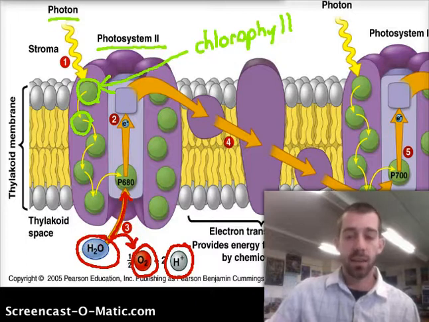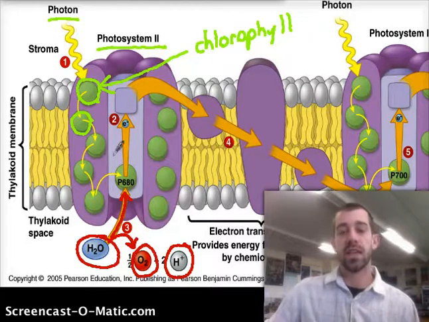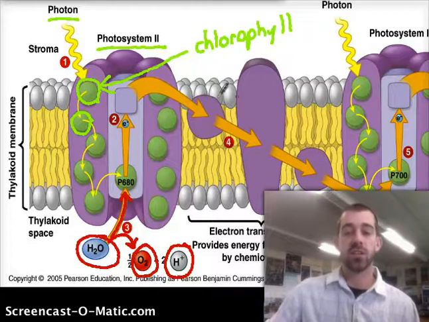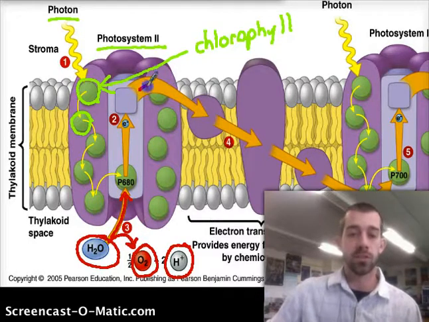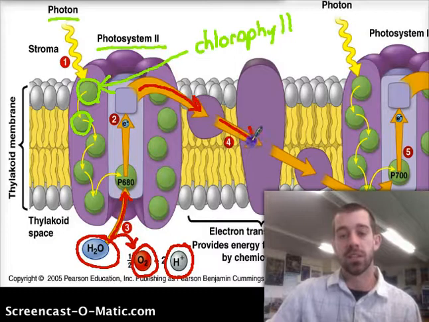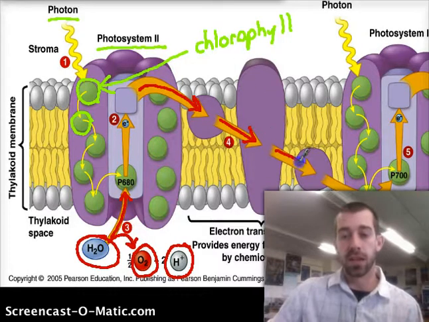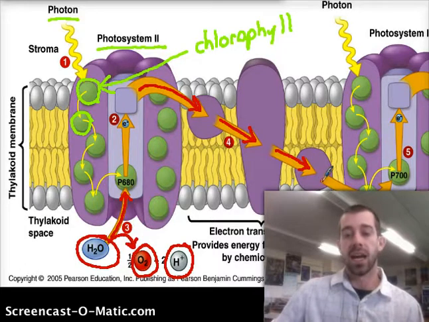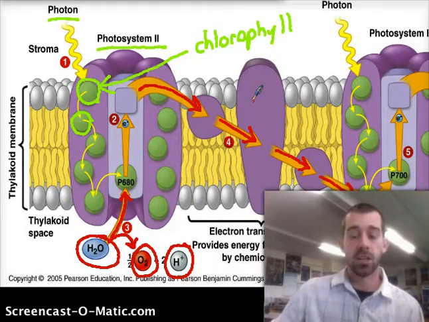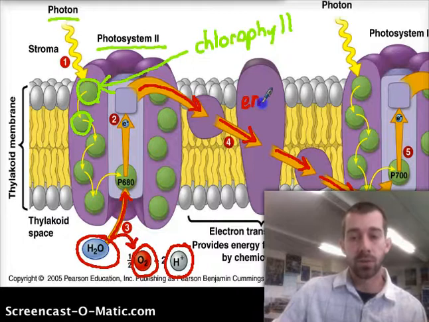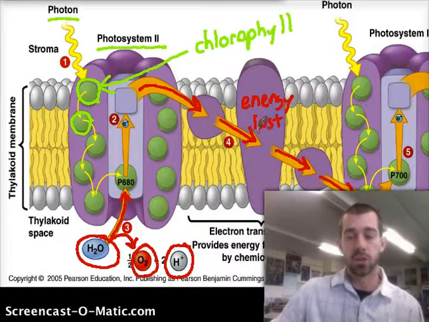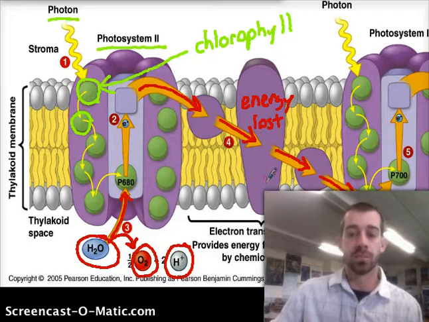All right, so the next step then is that electron gets passed along through a bunch of different molecules. So the electron goes over here to this molecule, and then over here to, these are membrane proteins, to this protein, and over here to this protein, and then over here to another protein. Each time it gets passed along, some energy from the electron is lost. So it's releasing a little bit of energy.